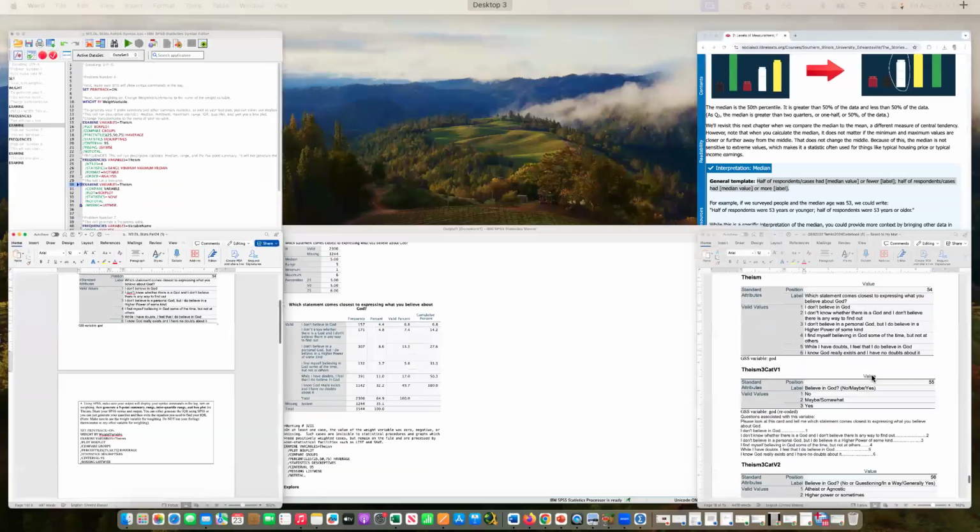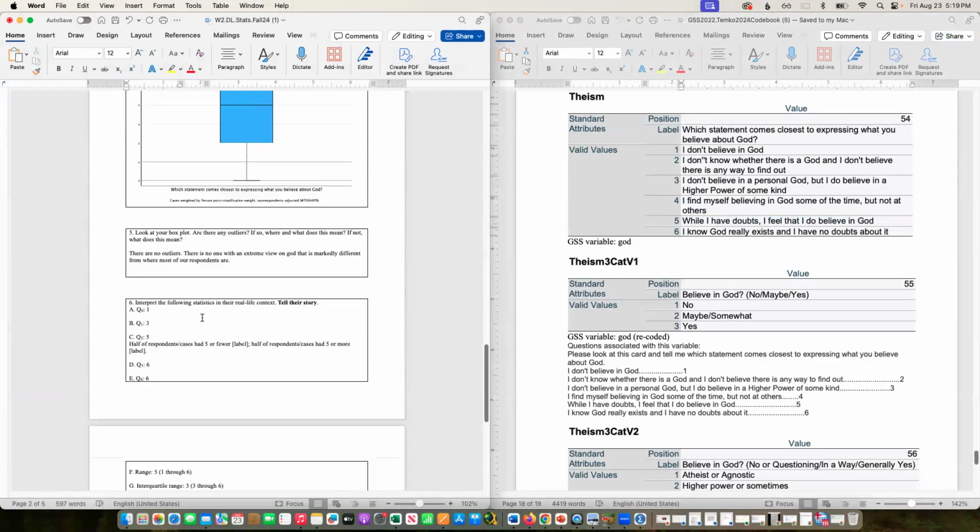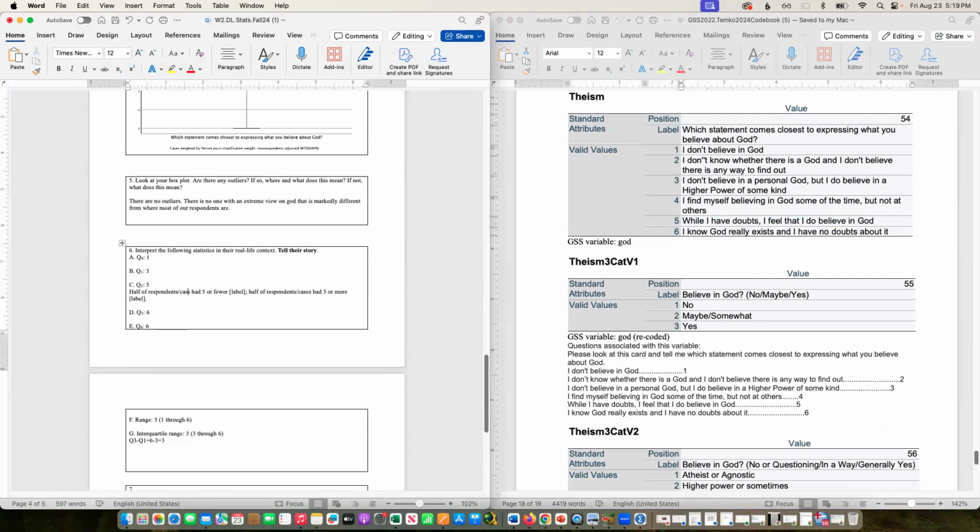It means that half of our respondents, half of the US adults who took the survey, what does it mean to have a 5 or fewer label? It means that they either had doubts but felt they believe in God. So they were somewhere between that and here.